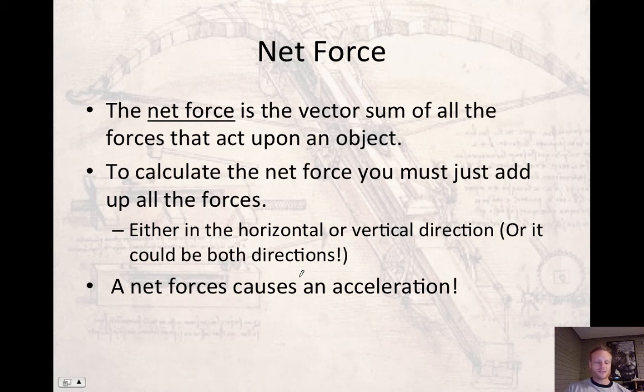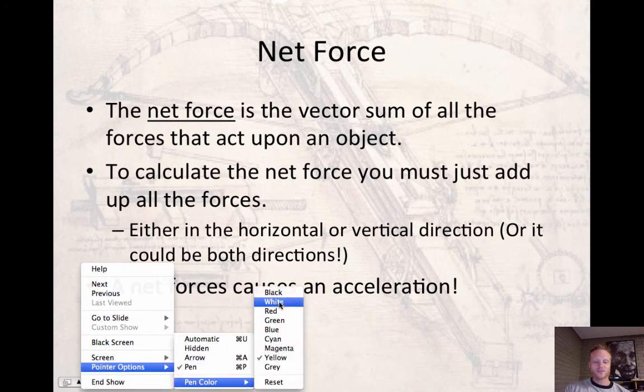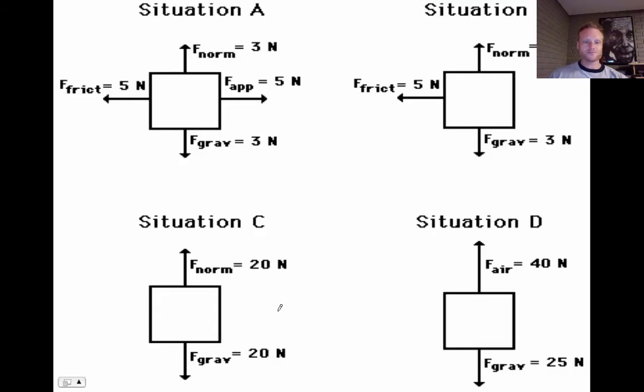So let's do some examples, because I think that's worth 1,000 words instead of me trying to explain it through text. I'm just going to look at situations A and D, just so I keep these videos a little shorter. So here's a box, and you notice there are 4 forces acting on this box.